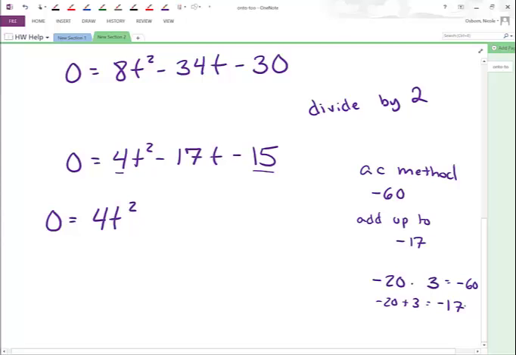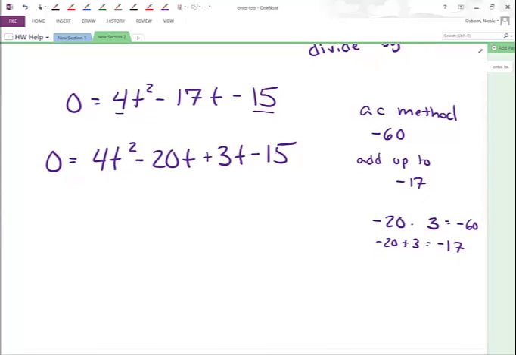So I can rewrite this equation as 0 is equal to 4t squared minus 20t plus 3t minus 15. And essentially what's happened here is now I can factor by grouping and factor out this problem.